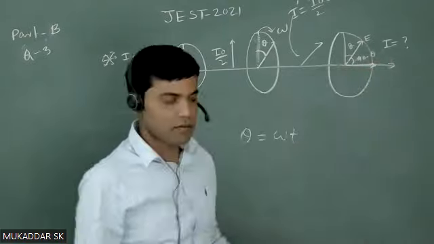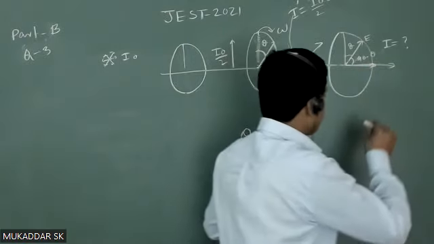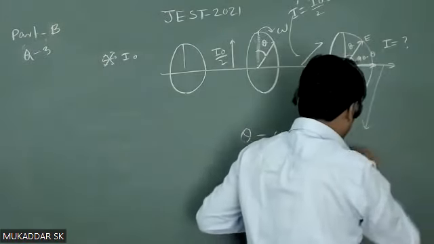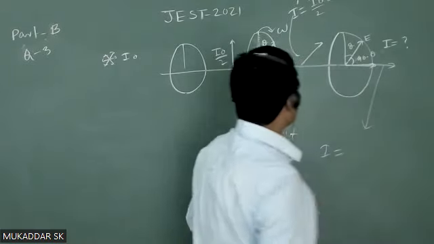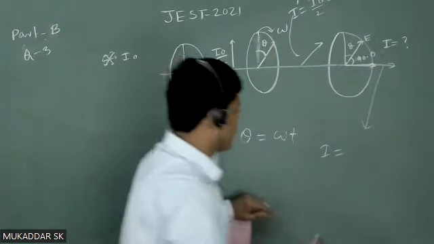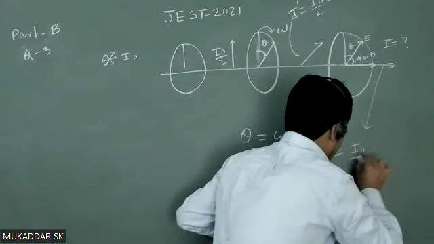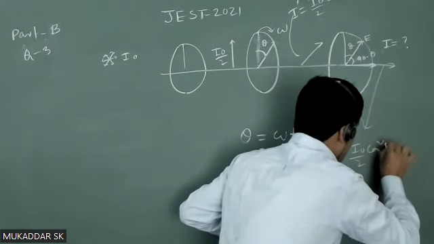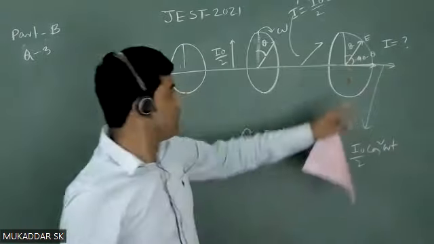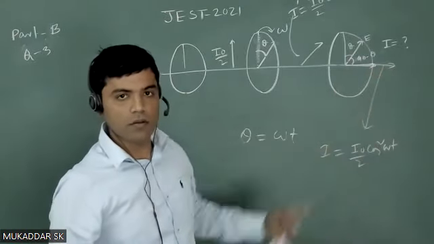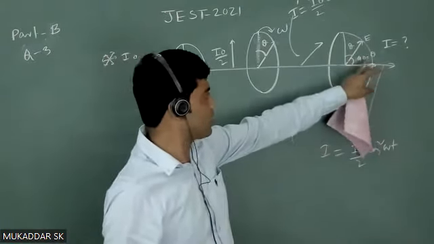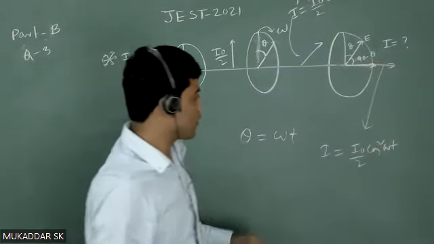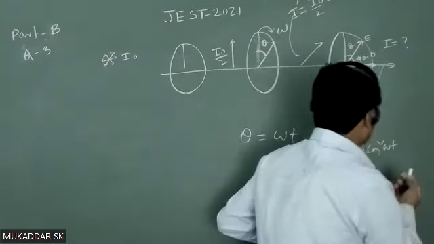Again, applying Malus law here, the intensity of light will be the incident intensity I naught by 2 cosine square omega t, times another cosine square factor. Now the angle is no longer theta, but 90 minus theta, and theta is omega t.